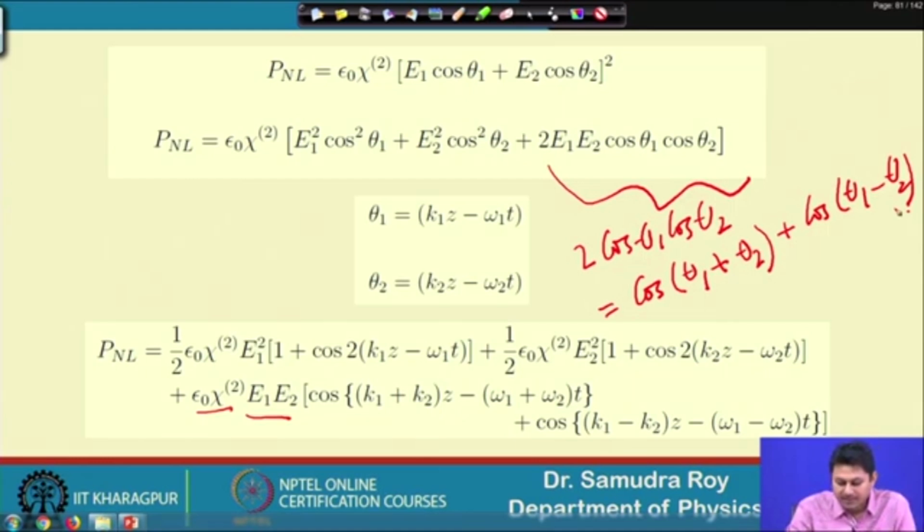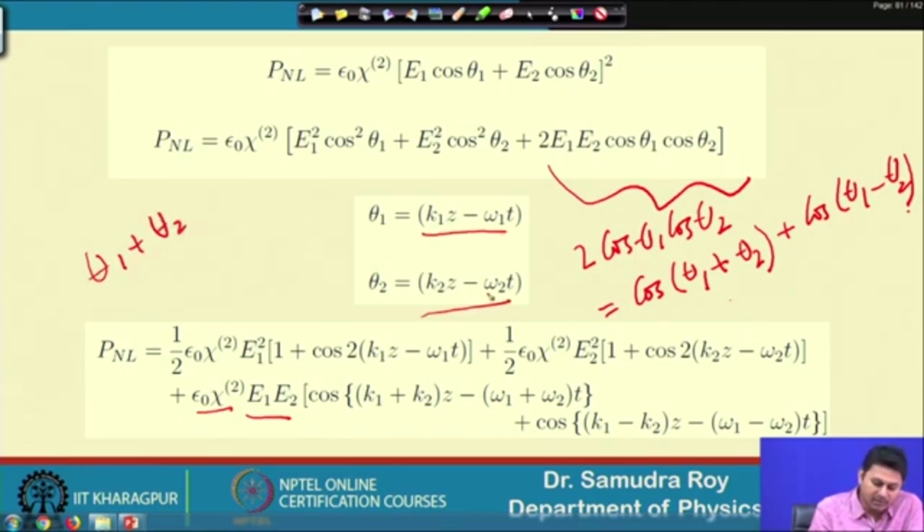Now, theta 1 plus theta 2: theta 1 is this, theta 2 is this. So, it is simply k 1 z minus omega 1 t plus k 2 z minus omega 2 t.